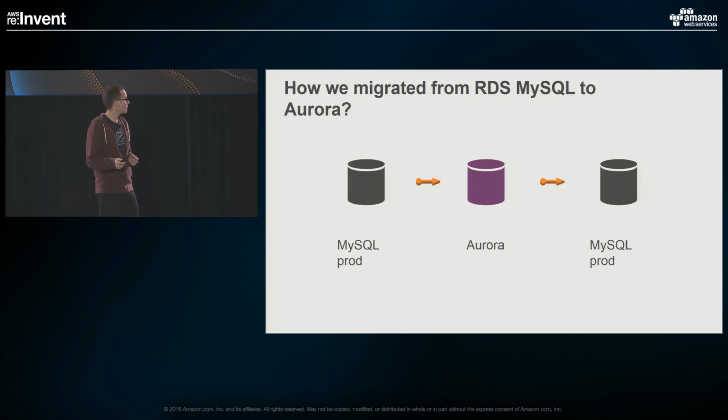Okay. So after we were sure that we can run it in production, or after we believed that we would be able to run it in production, we established replication between our original production box and the Aurora box that we wanted to move to. You can use binary logs for that. It's pretty straightforward. The initial creation of the database doesn't take less than an hour, like Puneet said.